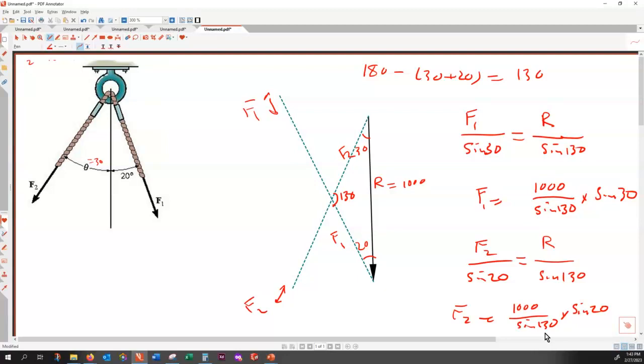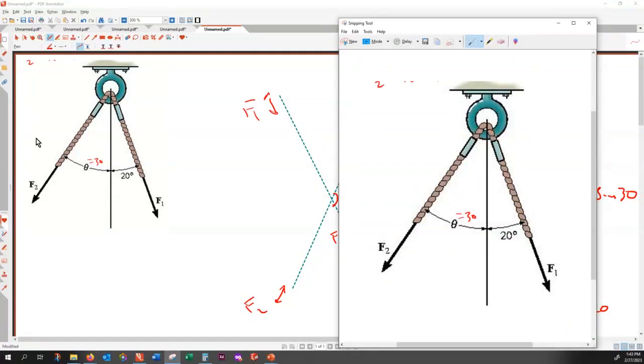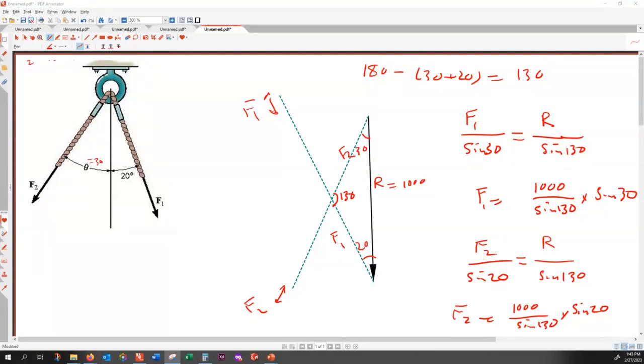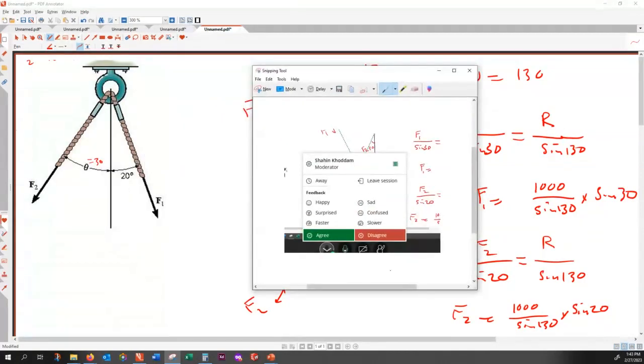Okay. If you wish, you can simply change your status. You know that there is a status bar here. Let me show you the status bar. So this is the status bar in the Collaborate Ultra.